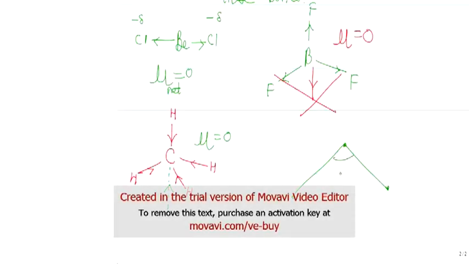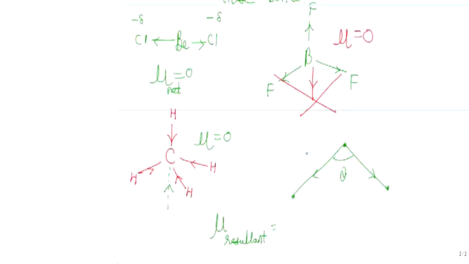In general, if you have 2 polar covalent bonds having an angle theta in between them, right? The resultant dipole will be given as, see, let the bond moment of this be mu1 and this be mu2, right?